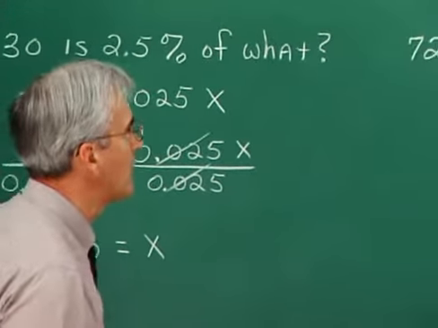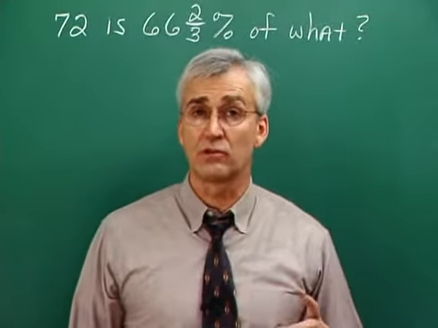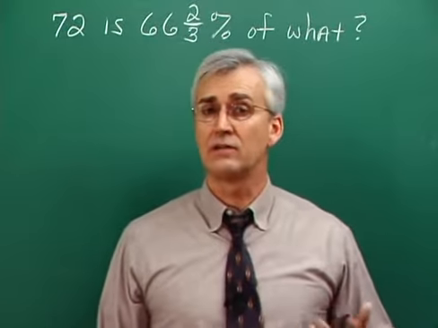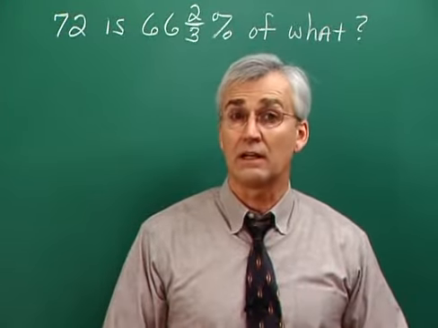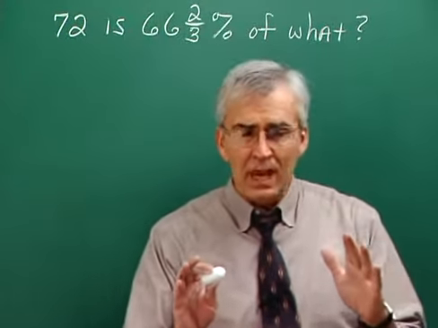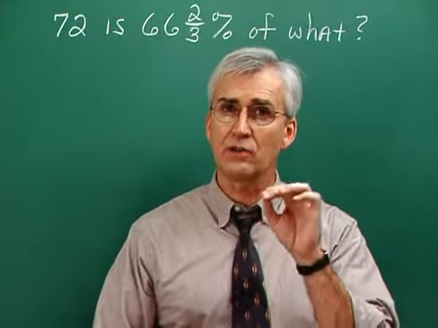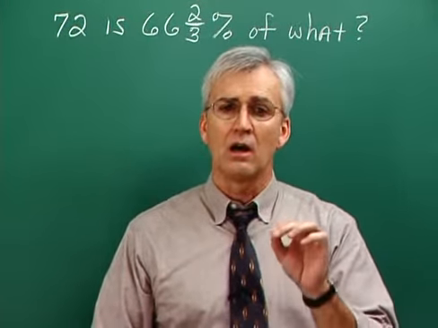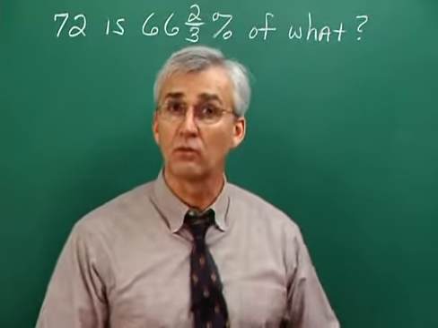Here's a problem in which it's more convenient to change the percent into a fraction than it is into a decimal. And this is a little bit of an unusual situation, but it comes up from time to time. If you realize that when percents are expressed using a fraction, we change the whole percent into a fraction, I think that's a good rule of thumb.